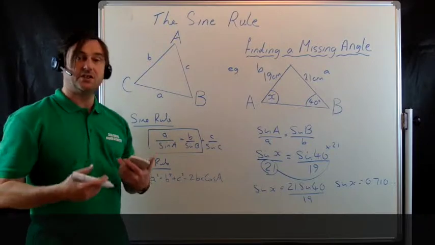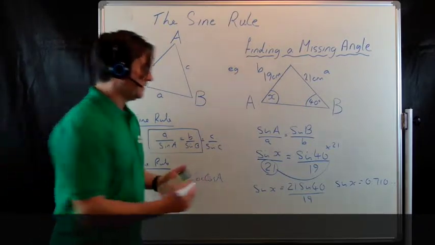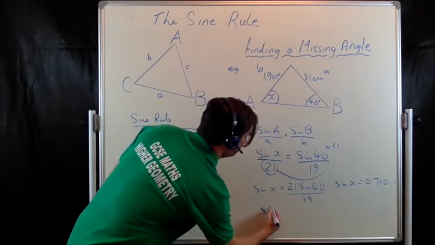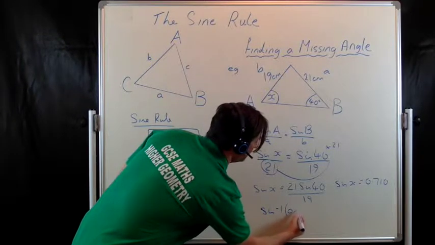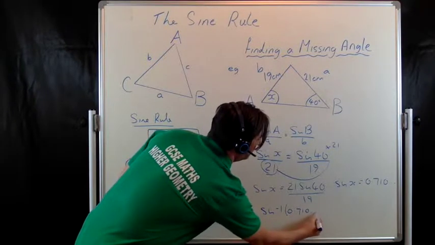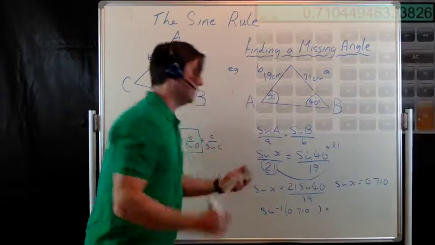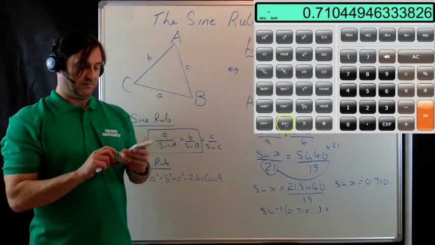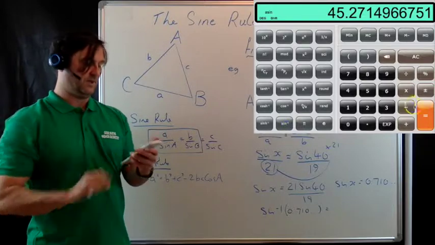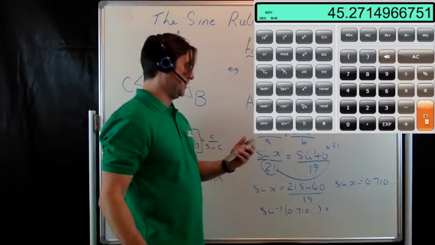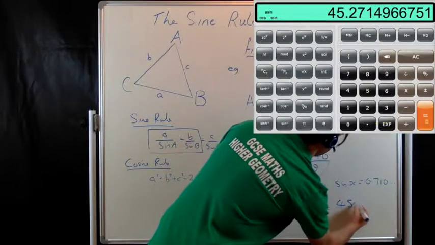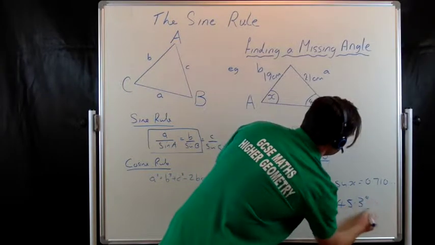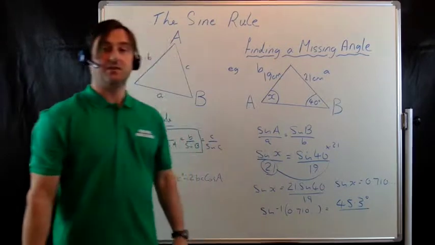We need to find the sin to the negative 1. So our sin to the negative 1 of 0.710 is going to give us 45.27, or 45.3 degrees to 3 significant figures.